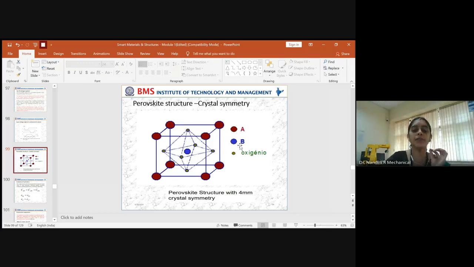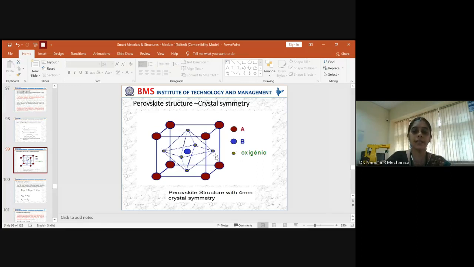B refers to the transition elements across the periodic table. Just go and check with the periodic table. You will come to know which elements you can use as alkaline elements, which elements come under the category of transition elements, and O stands for the oxygen element.